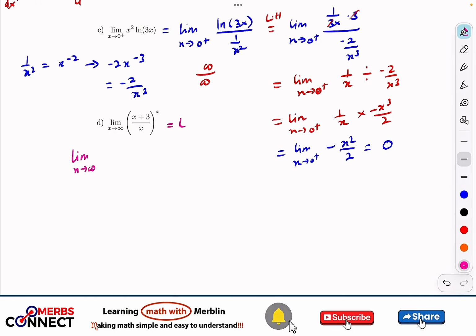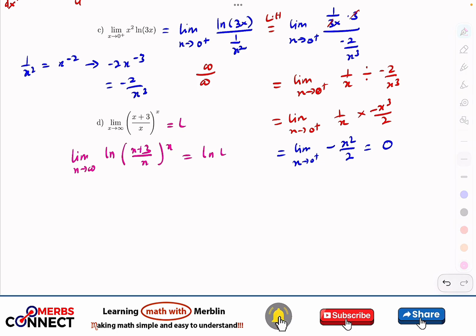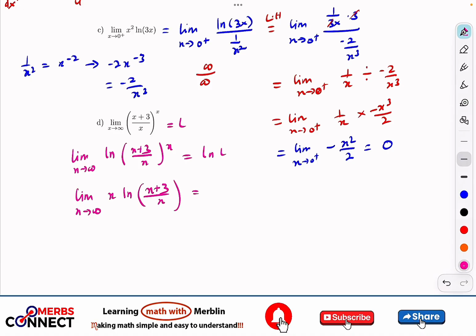As x approaches infinity, the natural log of (x plus 3 divided by x) to the power x is equal to this. Because of the natural log, the x can come down, and we have the limit as x approaches infinity of x times the natural log of (x plus 3 divided by x).